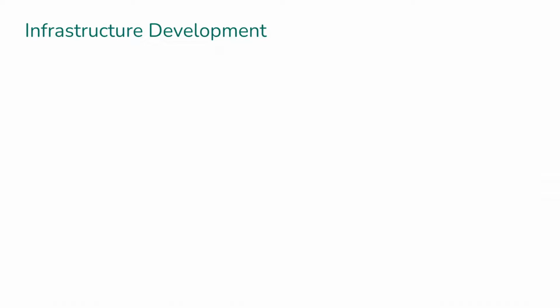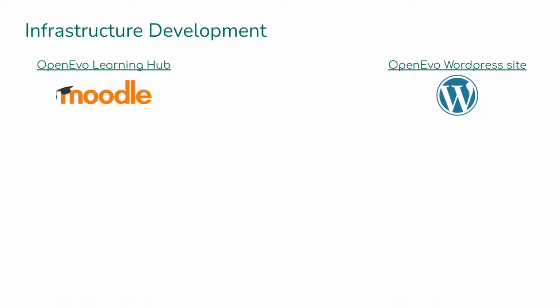To do this, we're in the process of developing this infrastructure here at the MPI, which is composed mostly of the Moodle OpenEvo Learning Hub and the OpenEvo WordPress site.